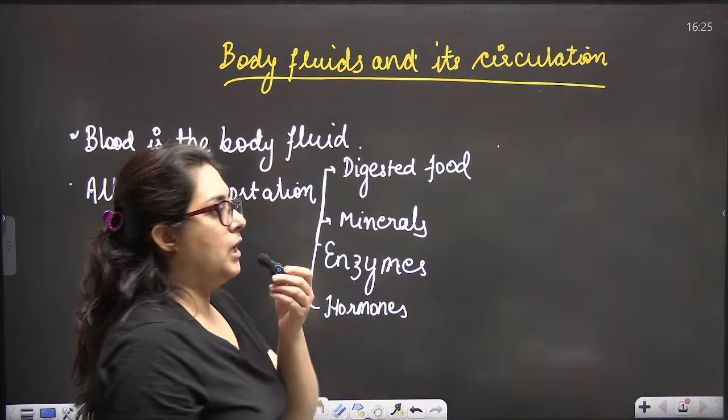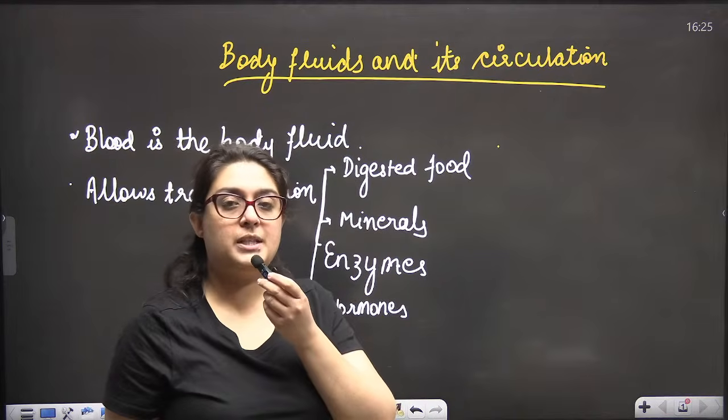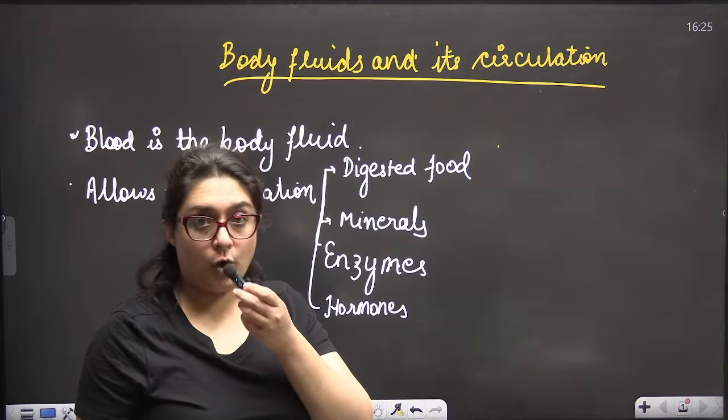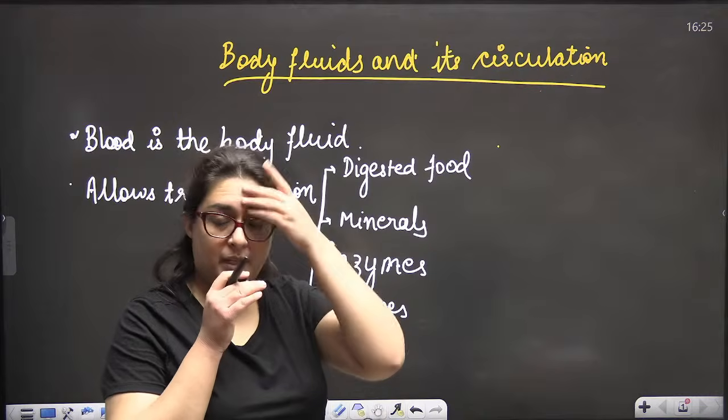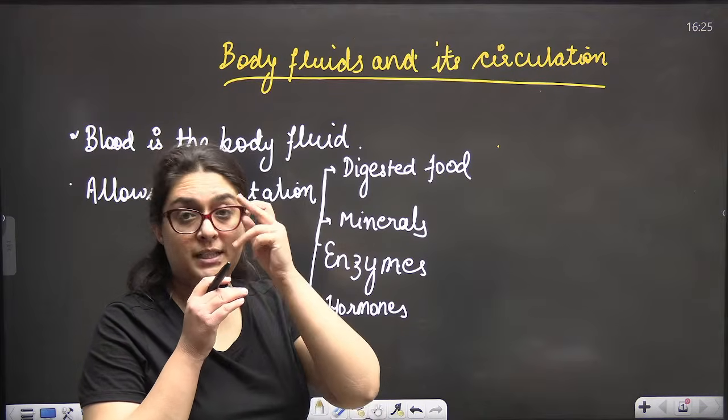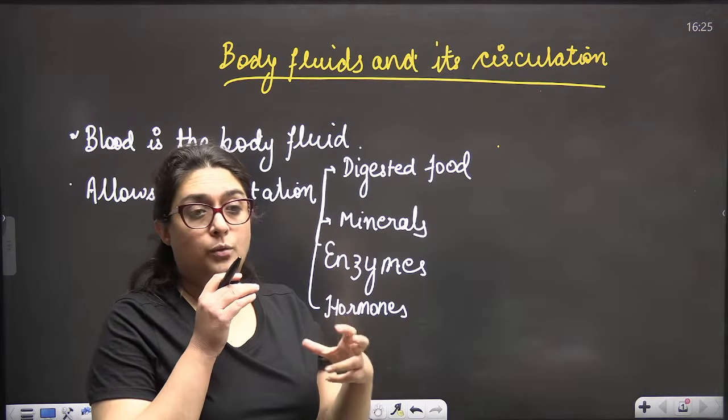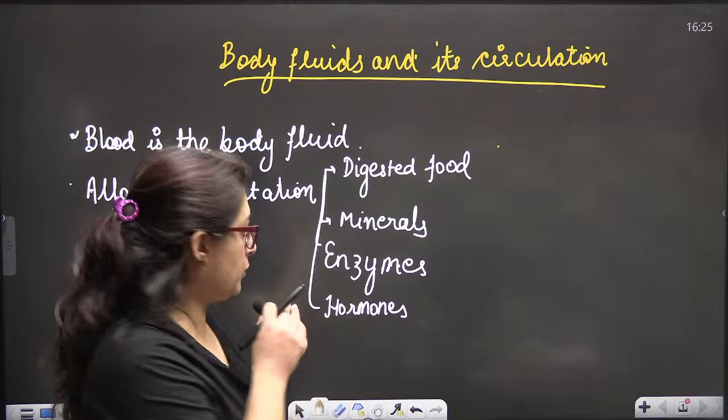So as the human respiratory system is made up of respiratory organs, here body fluids means the fluid which is responsible for circulating through the body and allows transport of substances.